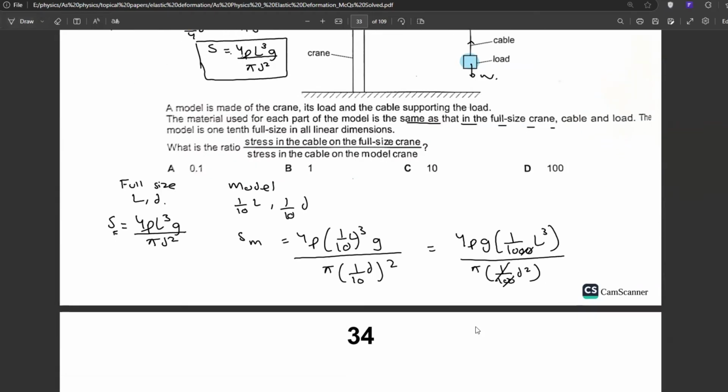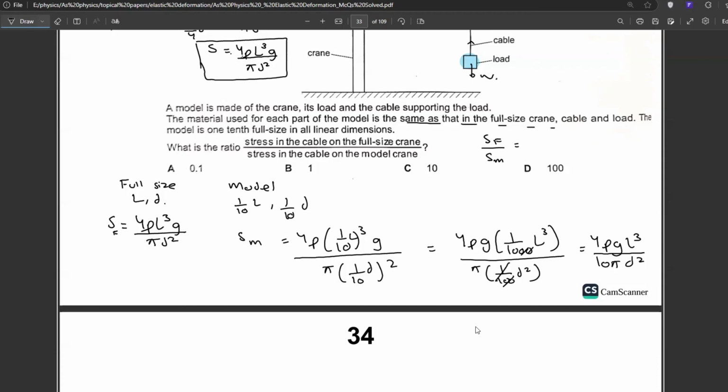So the stress in the model will become what? The stress in the model will become 4 density g and L cube divided by 10 pi d square. I hope I have written it correctly. Now let's calculate the stress in full size divided by the stress in model.